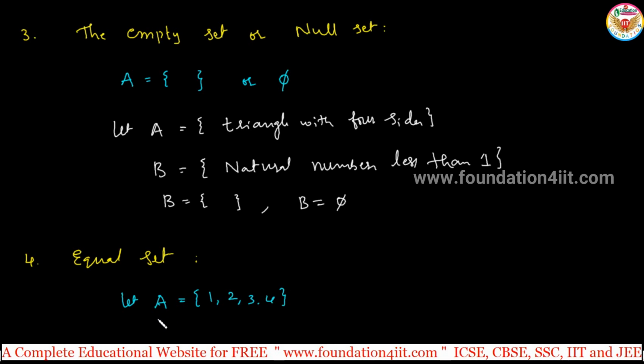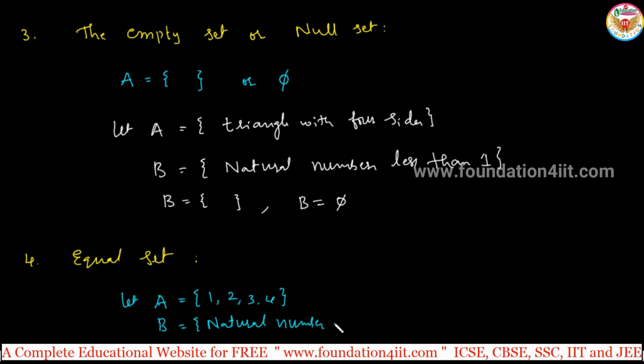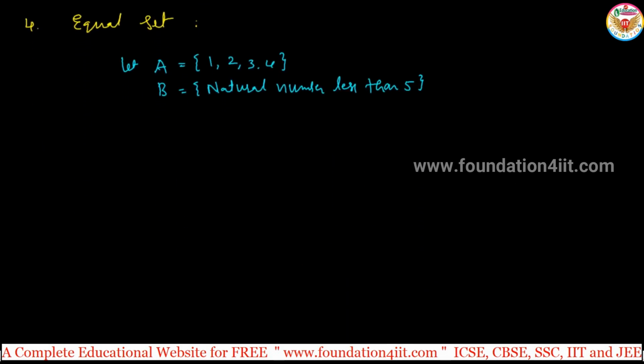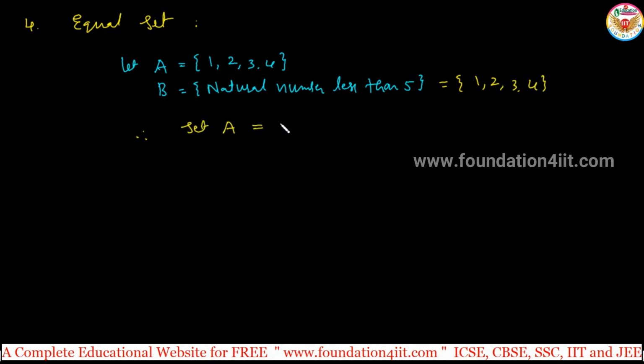Again B. B is the set of natural numbers less than 5. Natural number less than 5 is only 1, 2, 3, 4. Right? That is exactly the same 1, 2, 3, 4. So therefore we can say set A is equals to set B.